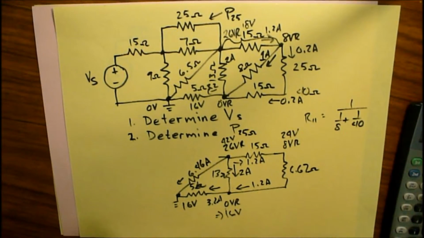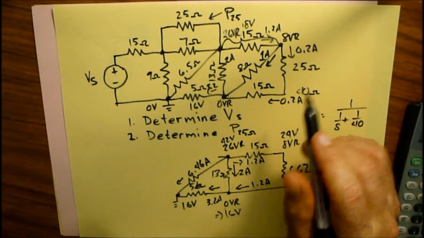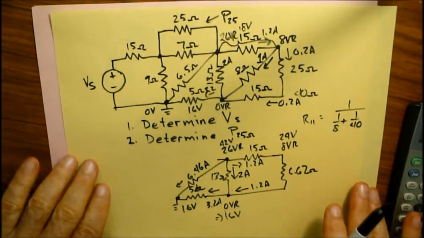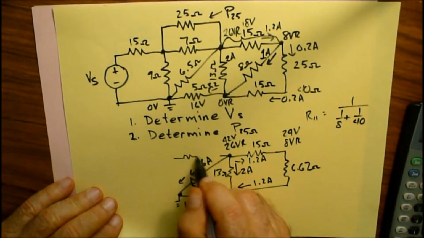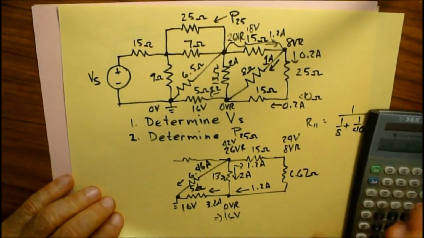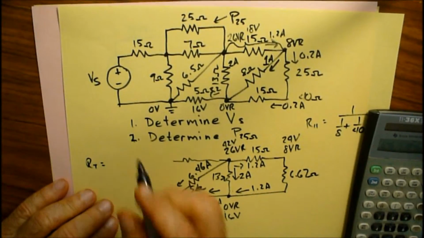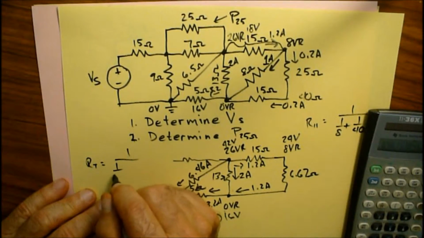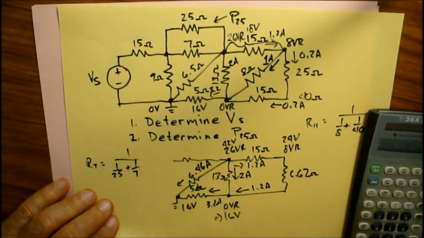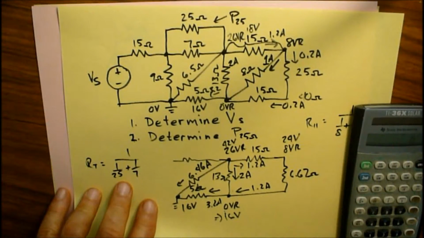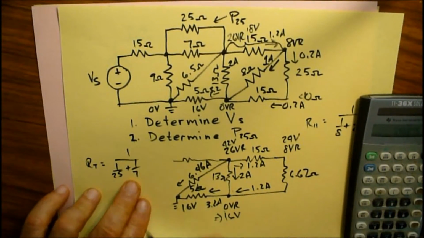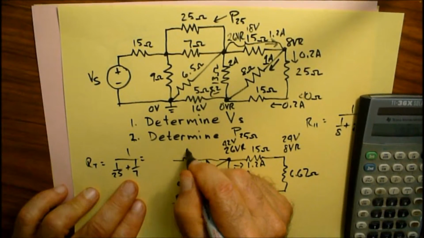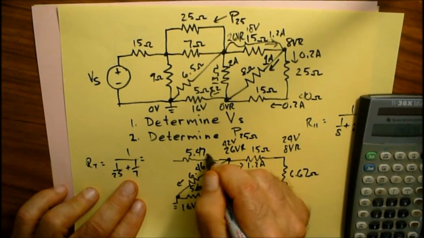What else can we figure out here? These two resistors become basically a resistor here. So here I have 1 over RT is equal to 1 over 25 plus 1 over 7, and that gives me 5.47 ohms roughly.